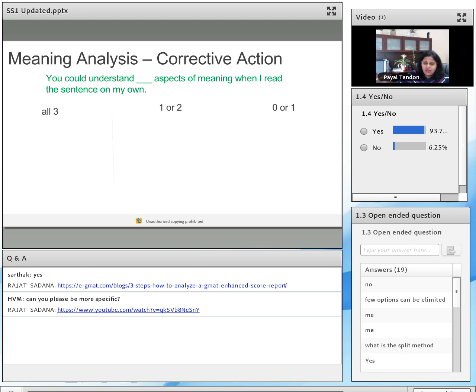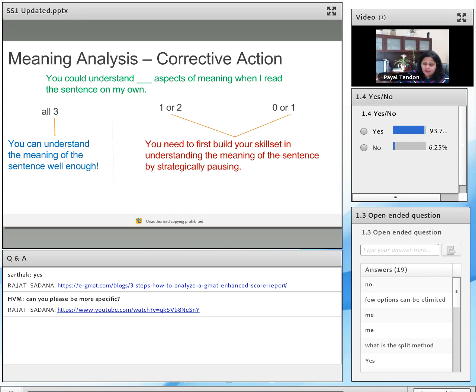Now, if you were able to understand all the 3 aspects of meaning, then that means you can understand the meaning of the sentence well enough. How many of you got all the 3 aspects of the meaning when you read the sentence on your own?